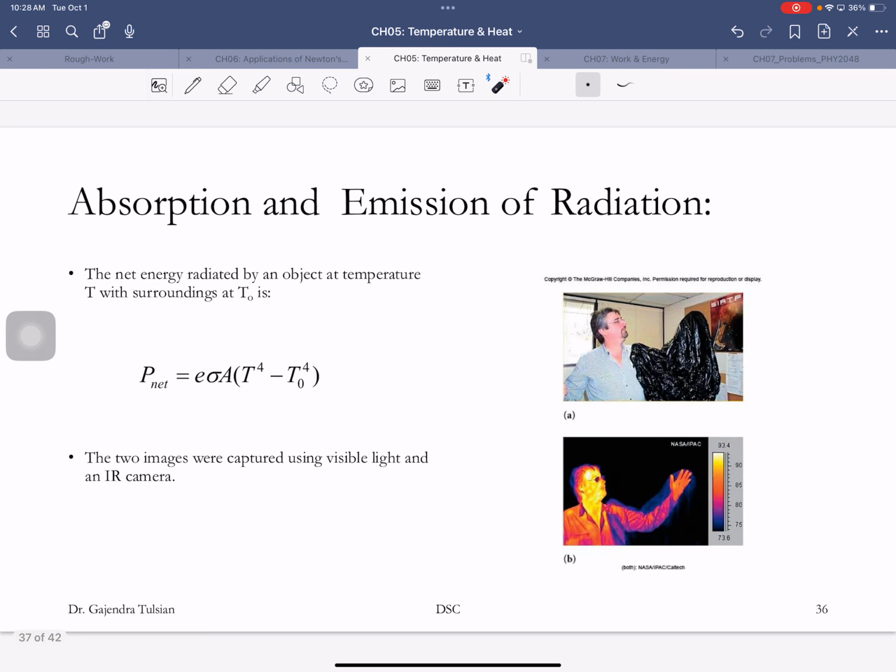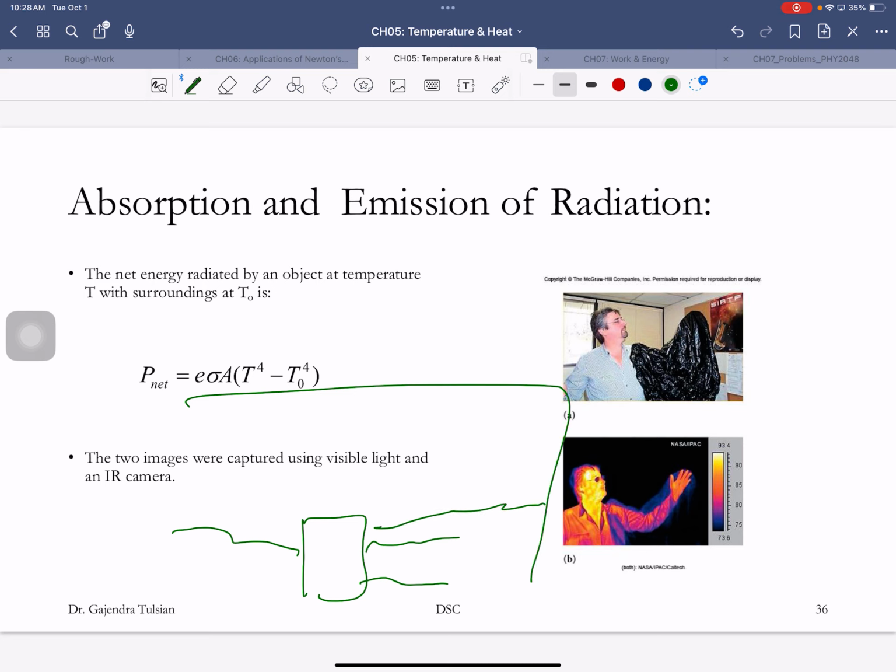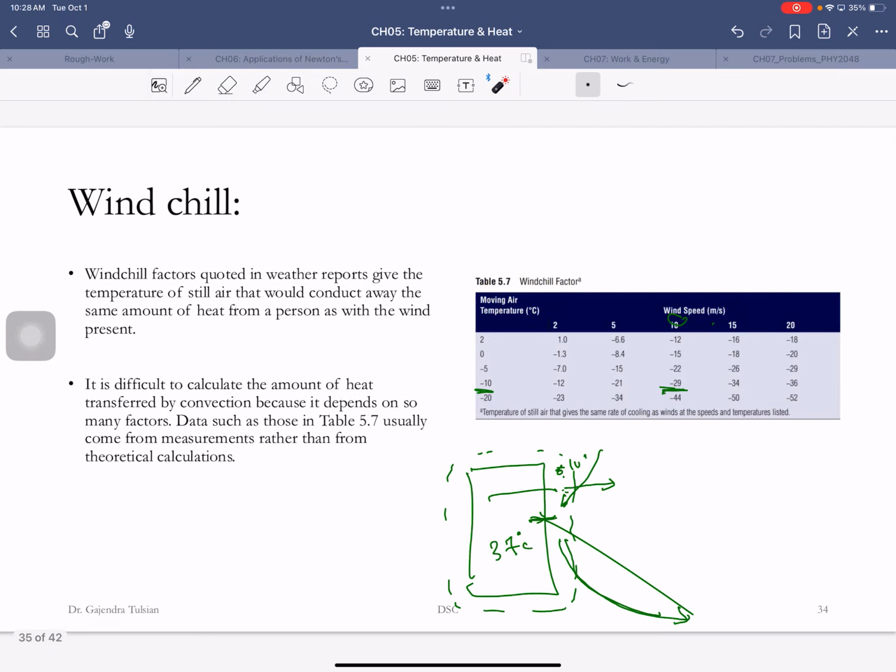In this room, of course, you're losing heat via electromagnetic radiation, and the walls are emitting electromagnetic radiation, and you're getting heat from that. If the temperature of the wall is less than your body temperature, there's a net loss. If the surrounding temperature is higher, then there's a net gain of heat. So you saw that in this example.